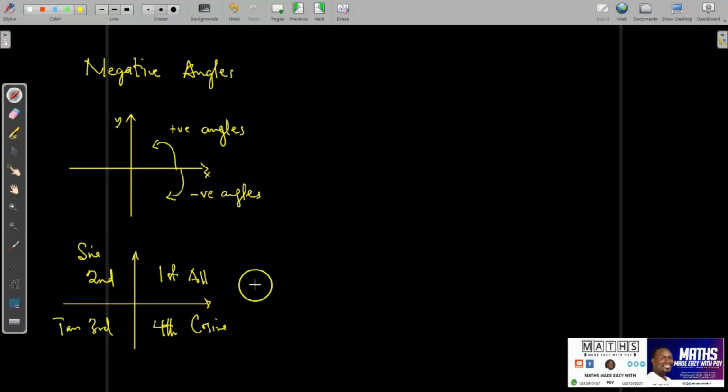Since we read negative angles from the positive x-axis in the clockwise direction, the angle starts from the fourth quadrant. Let me use the special angles we've learned early on so we understand it better.